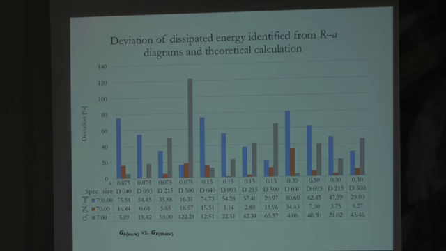The lowest deviation is in the case of the second smallest specimen with a width of 90 millimeters, also for the smallest initial notch, and the middle one with the value 0.15.